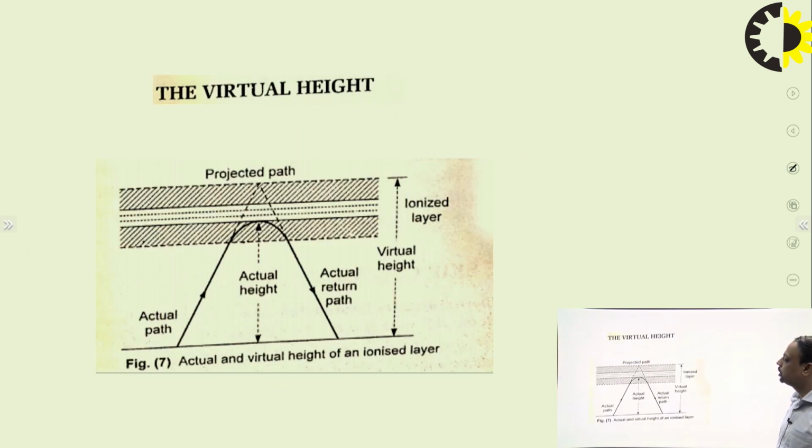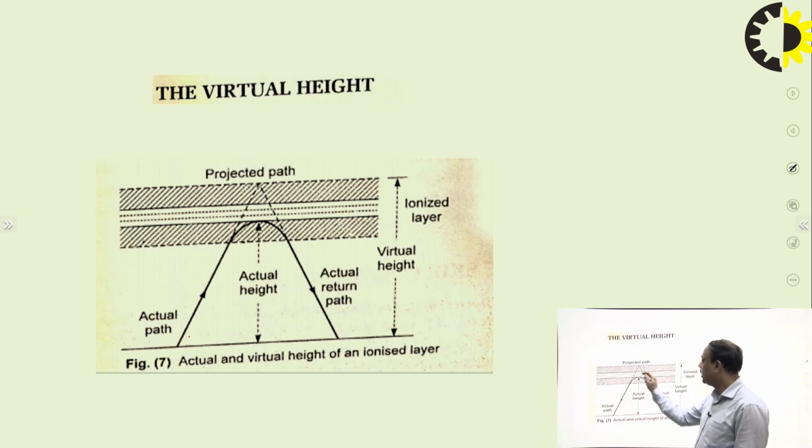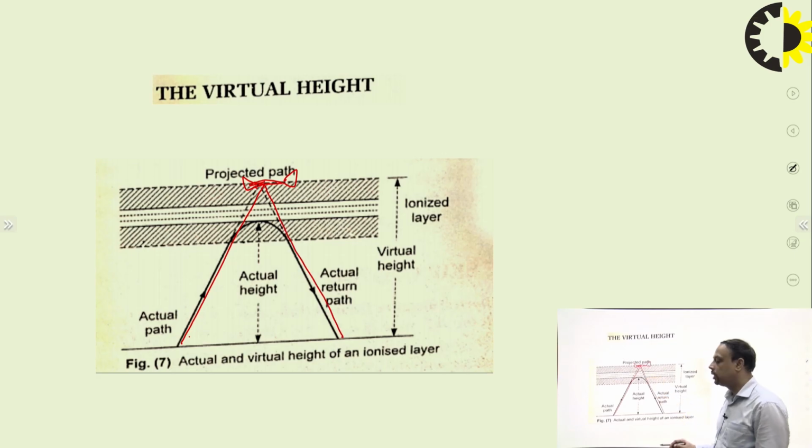So this is the description of these waves. Next is the virtual height. If the wave is going from here to here and there is a reflector over here, maybe a satellite, then in the absence of the ionosphere the wave goes like this from the reflector and goes back like this. But there is no reflector over here; there is a layer of ionosphere and multiple reflections due to the different layered structure.